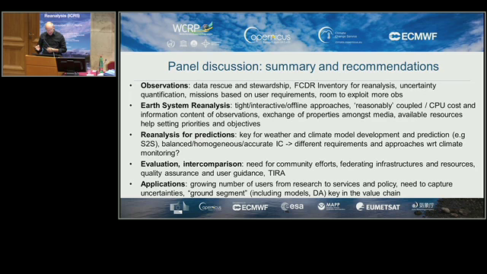Now, as we move to coupled reanalysis, there will be a need for a more comprehensive approach to those intercomparison efforts. And finally, on application, we realize that there's a growing number of users in the research community, of course, but we're also seeing a growing use of reanalysis on the service side and on the policymaking side. As a matter of fact, Jean-Luc Tepeau, who had to leave the conference midweek, is in Bonn currently.